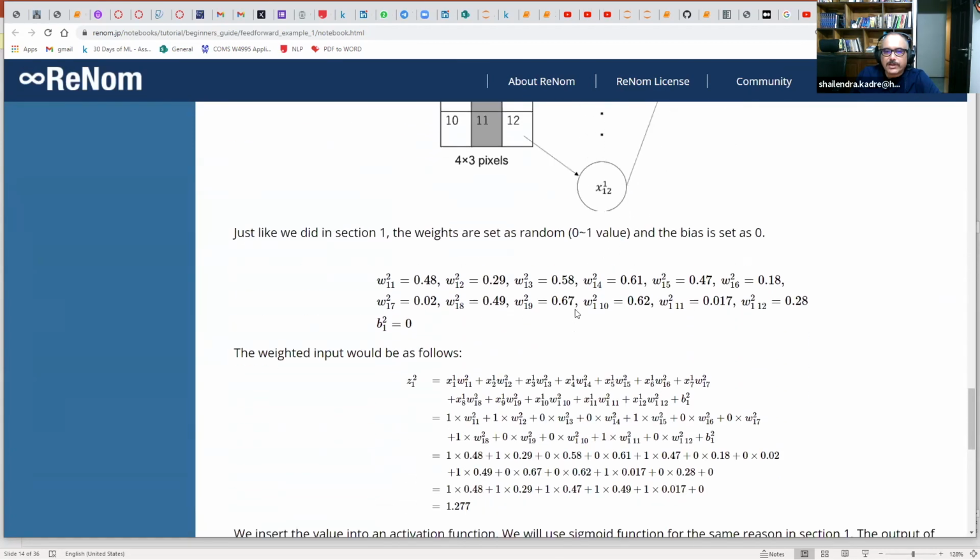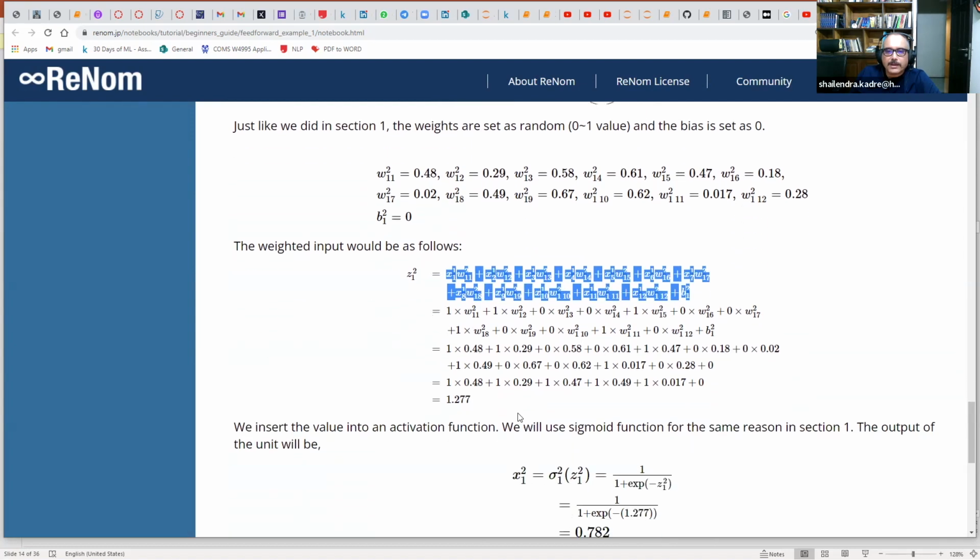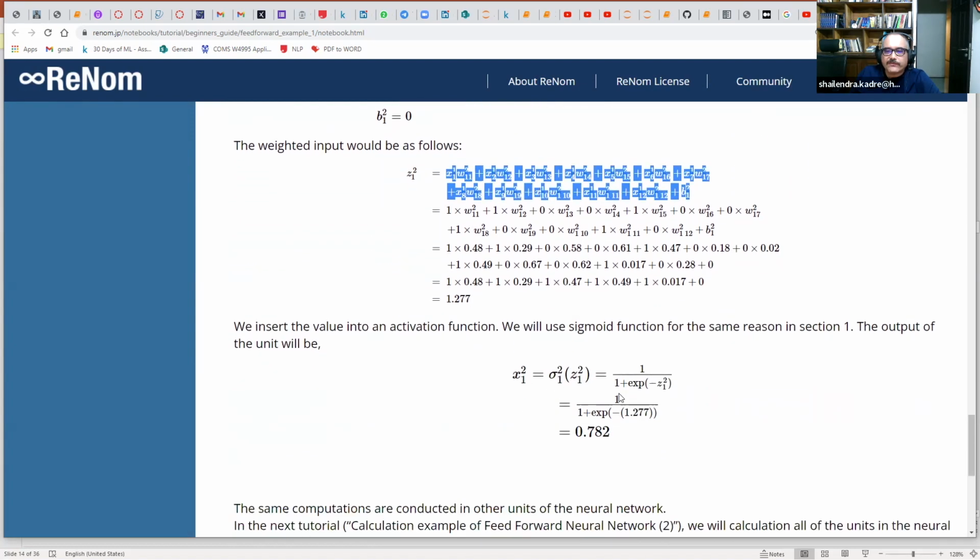So these 12 weights are given here. Each weight is multiplied by the input, x1, x2 like this, and these calculations are done. Z has come, and then we have put an activation function on top of that, 1 plus e to the power minus z, and similarly we have got the value of 0.7812.